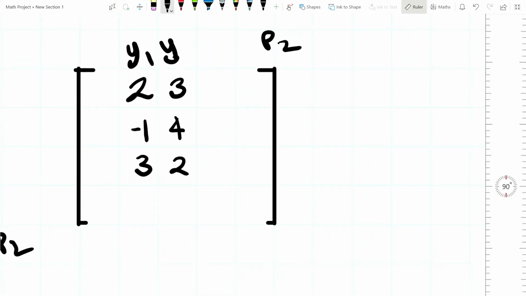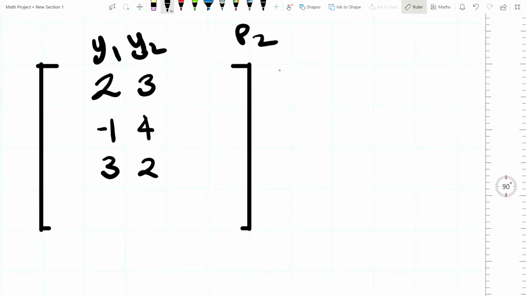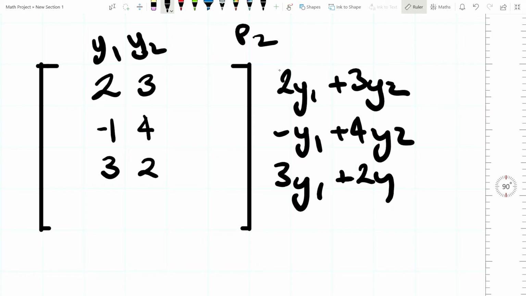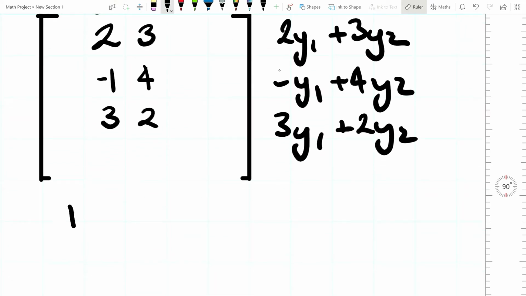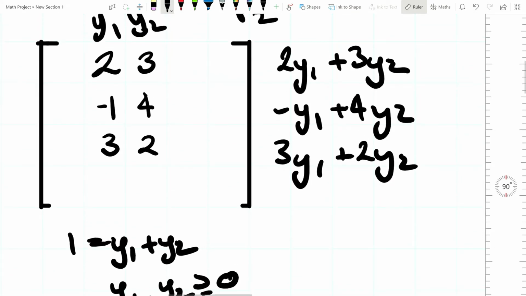Now, if we set our two columns to be y1 and y2, we can write this out as 2y1 plus 3y2, negative y1 plus 4y2, 3y1 plus 2y2. Okay, cool. And we know that 1 equals y1 plus y2, since this is a probability. And we also know that y1 and y2 are greater than or equal to 0, because it can't be negative.